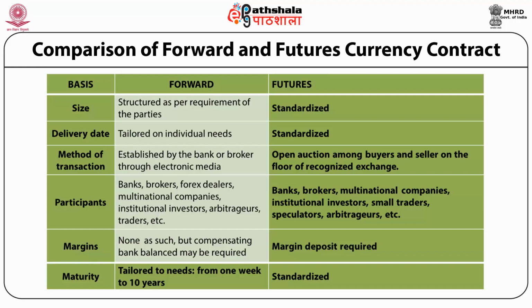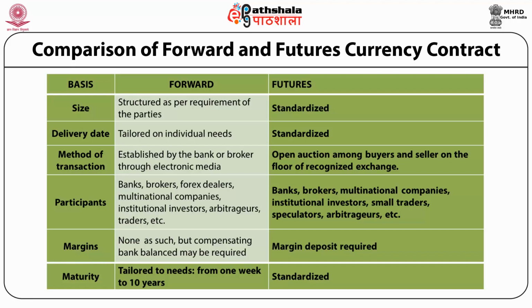On the basis of size, forward contracts are structured as per the requirement of the parties and future contracts are standardized. On the basis of the delivery date, forward contracts are tailored on the basis of individual needs, whereas future currency contracts are again standardized.